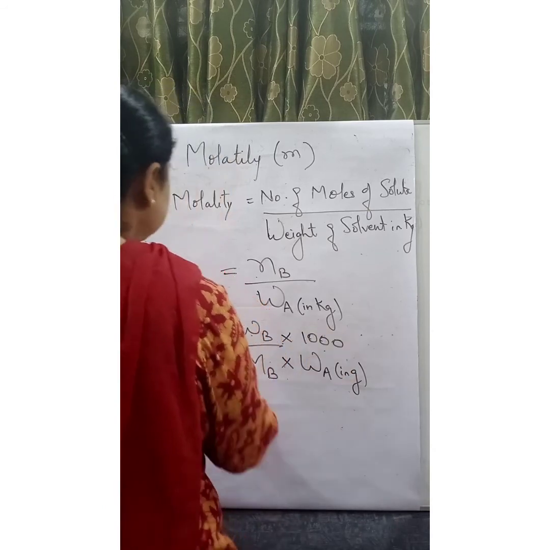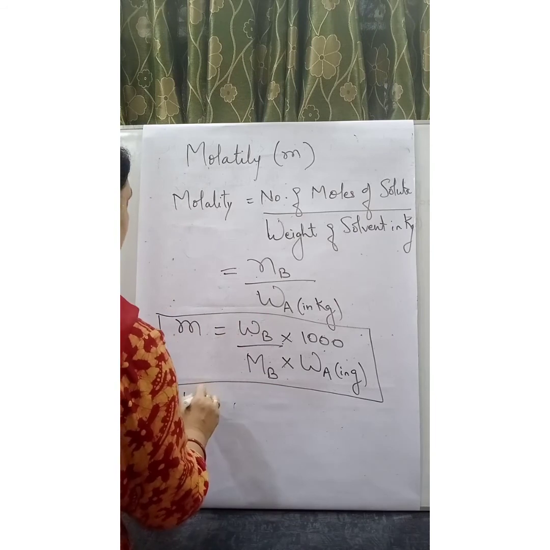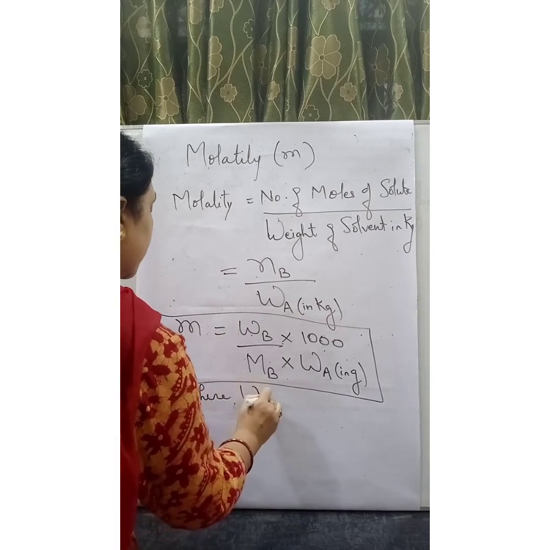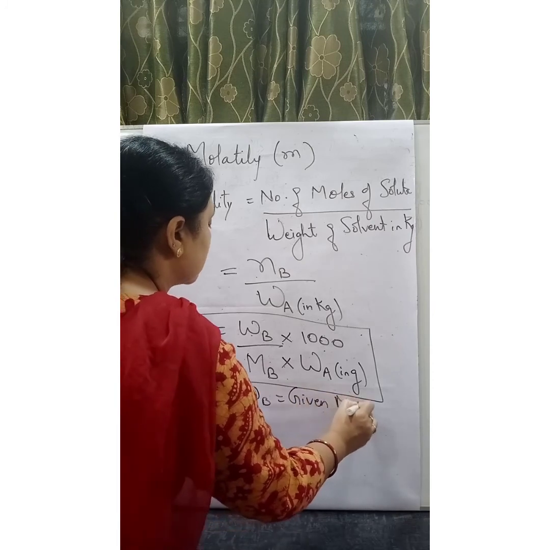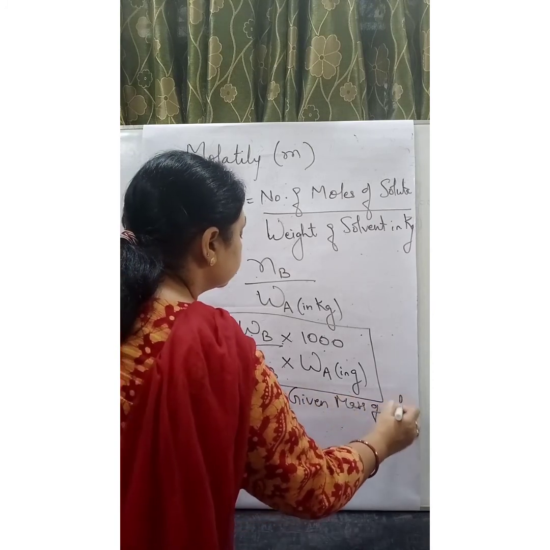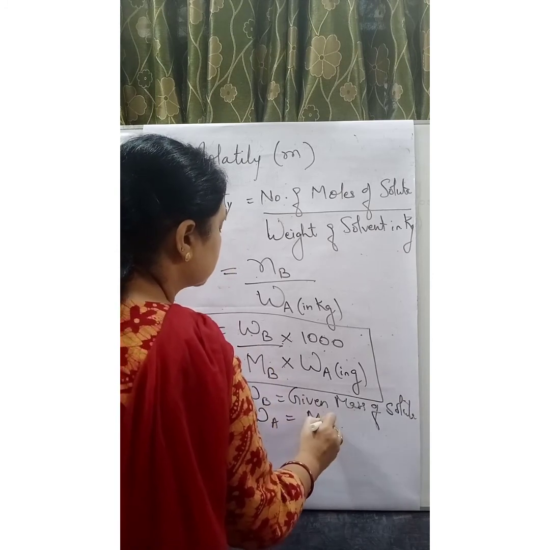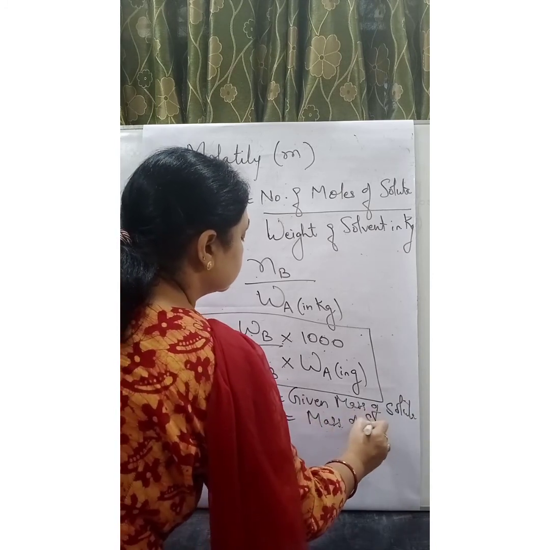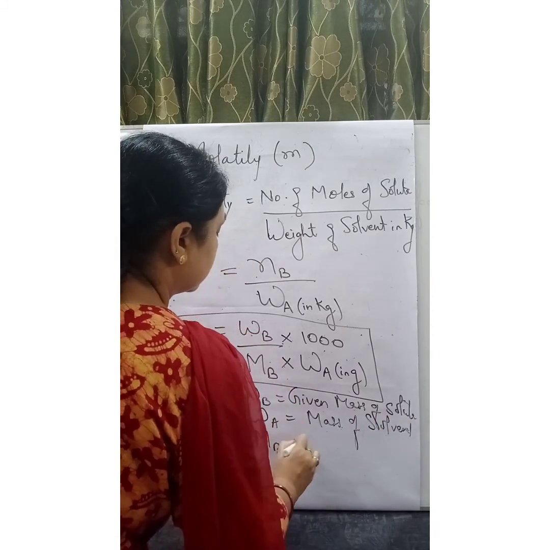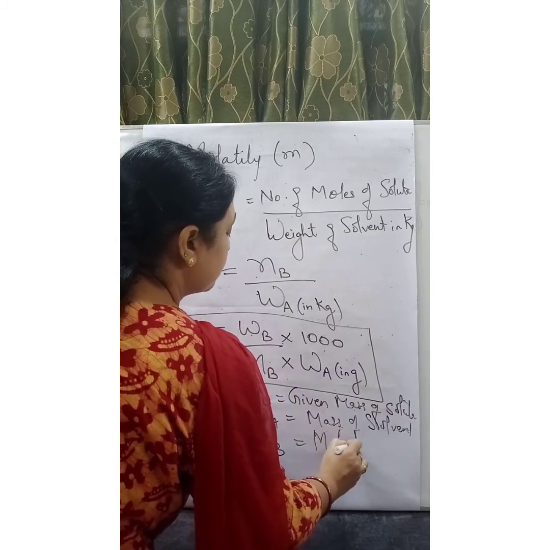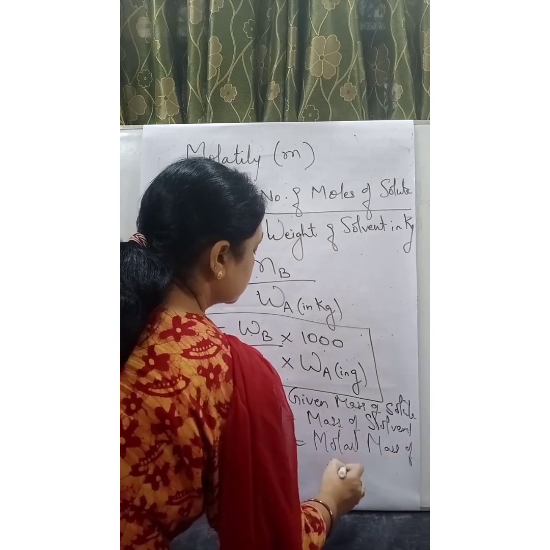So this is the formula of molality, where Wb is the given mass of solute, Wa is the mass of solvent, and Mb is the molar mass of solute.